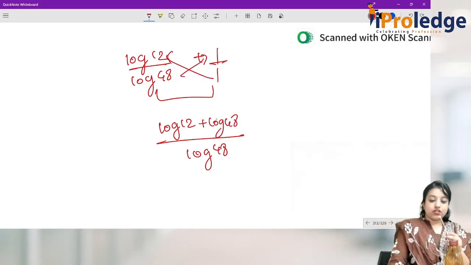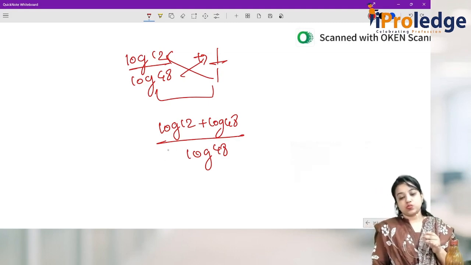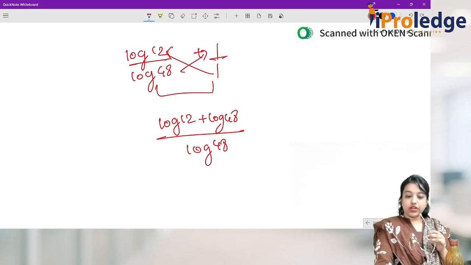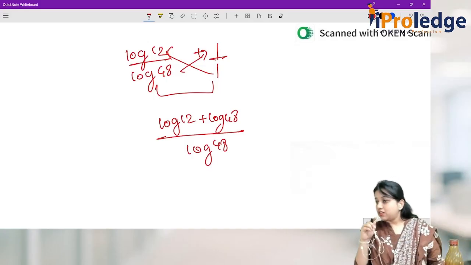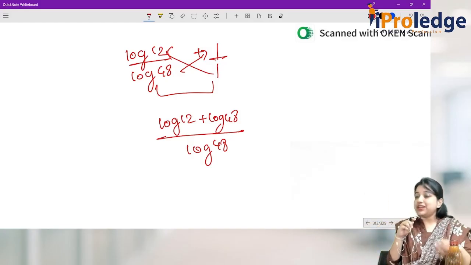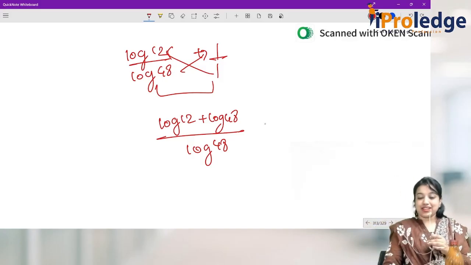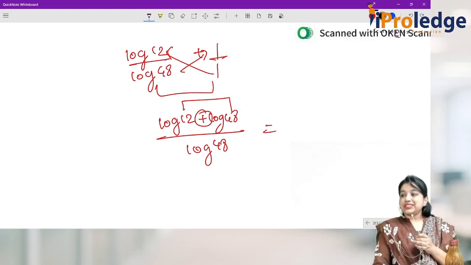Can even do it like this, writing one as log 48 so both get the same base. Yes, we can do that, but better you take the LCM. So now we have plus, what do we have to do? Into.